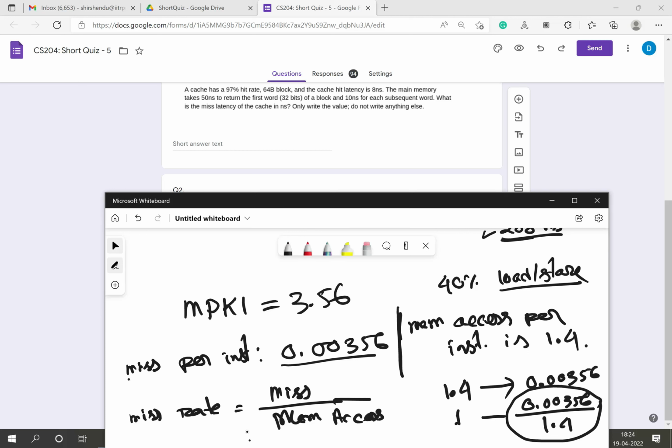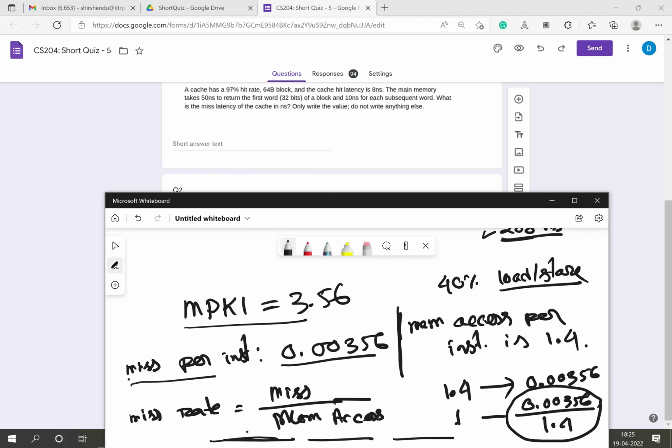Why everyone did it wrong, I'm not sure. Since everyone made the mistake here, I'm a little confused whether I am missing anything. So check this answer, and if you feel I'm missing some point here, let me know. But as per my cross check, I think the solution I'm showing is correct. I'm repeating it: if misses per kilo instruction is 3.56, then misses per instruction is this divided by 1000.